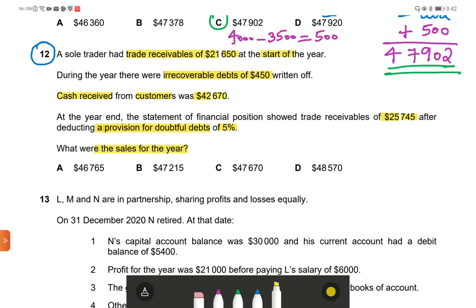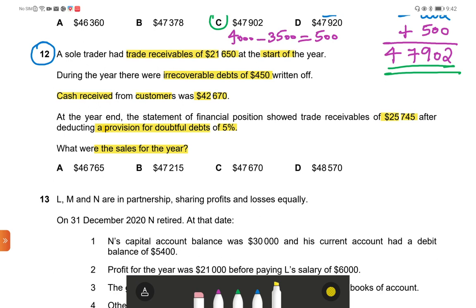So here we have to calculate the sales for the year. How to calculate the sales for the year? Either we can prepare the control account, or by equation we can find the sales for the year. Sales for the year is equal to opening receivables plus cash received from customers plus bad debt minus closing receivables.